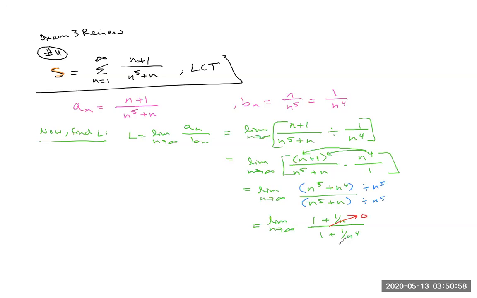The limit of 1 over n to the 4th will approach 0. The limits of the rest will be 1. Okay, so what we found is that L is equal to 1. I'm going to save that and then erase the top so I have some more room here.